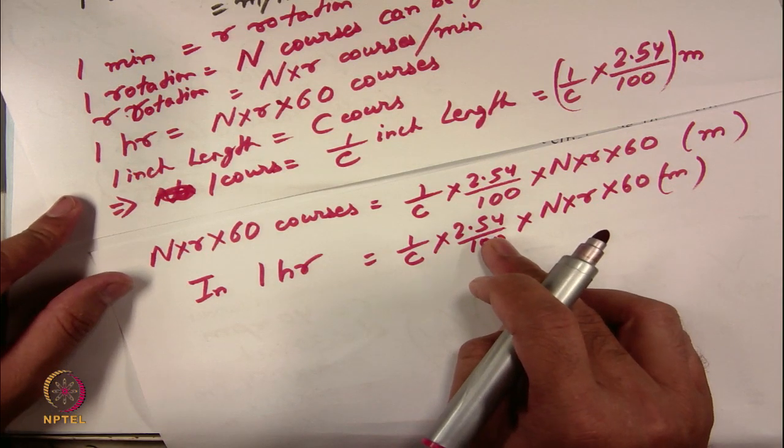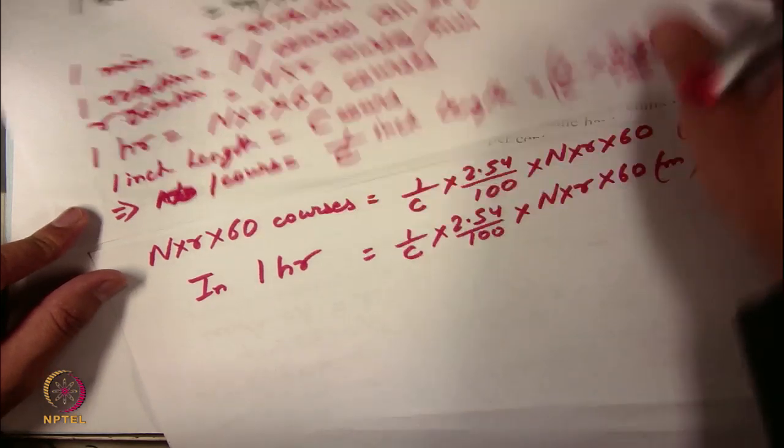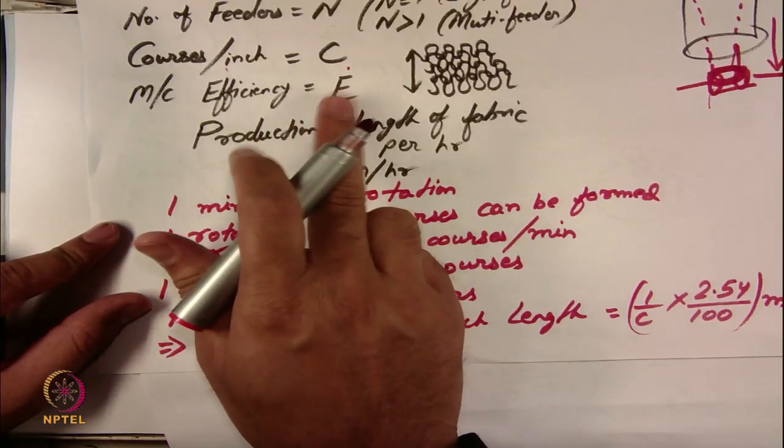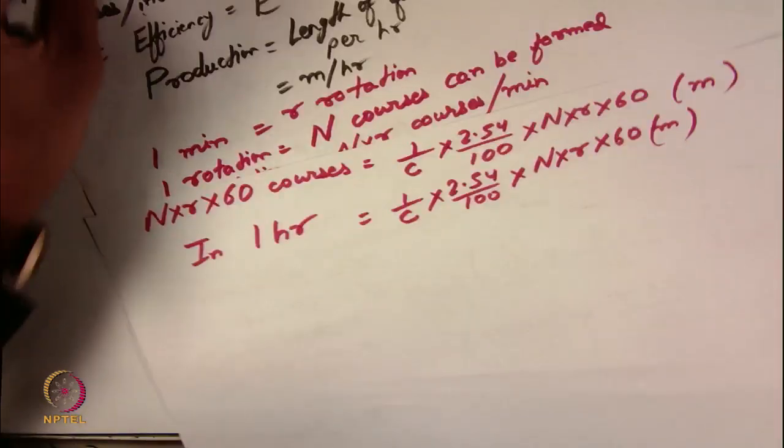We are assuming that the machine is running for the entire 1 hour, but since we have the efficiency E, in 1 hour there must be some downtime. So, you can simply multiply.